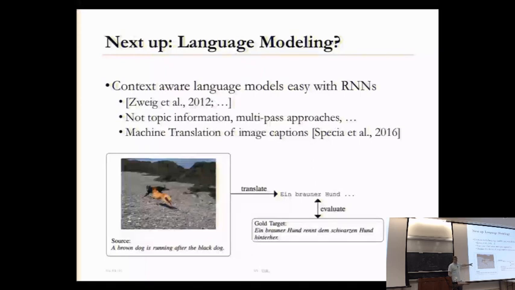There was a workshop this summer asking, when you translate those captions of images, can you become better if you have the image that this text describes? So if I have the English sentence, a brown dog is running after the black dog, and I know that this is a caption of this image, and now I do neural machine translation from English into German, and I have this as extra information, does it help? And it does help a little bit.